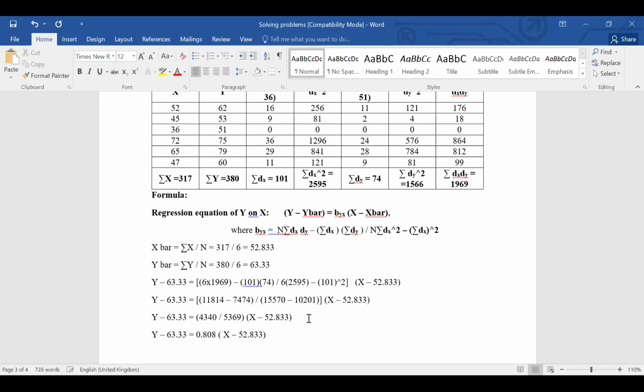52.833. Okay, yes, now we got the answer, right? Y minus 63.33 equal to 0.808 x minus, what is 0.808 into 52.833?